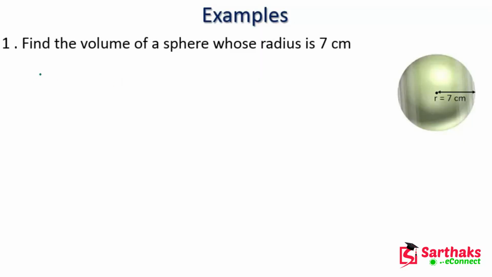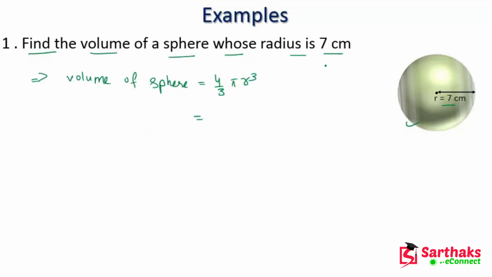Question number 1: find the volume of a sphere whose radius is 7 centimeter. We have a sphere like this and the radius is 7 centimeter. We know that the volume of a sphere is 4 upon 3 pi r cube.